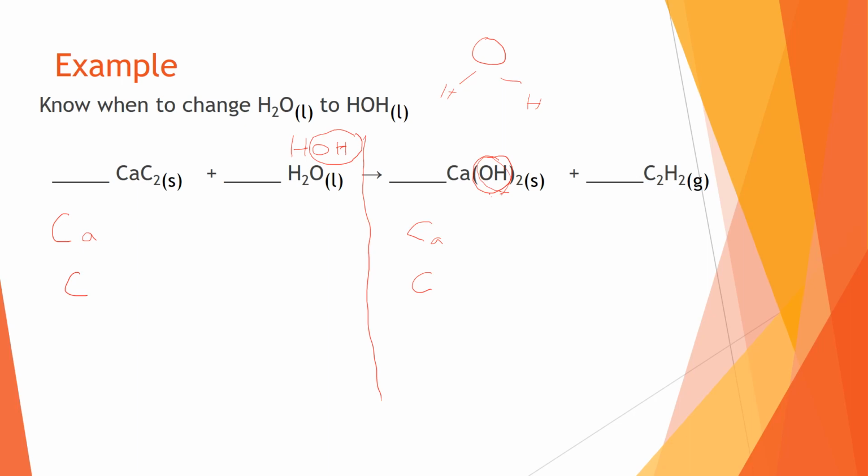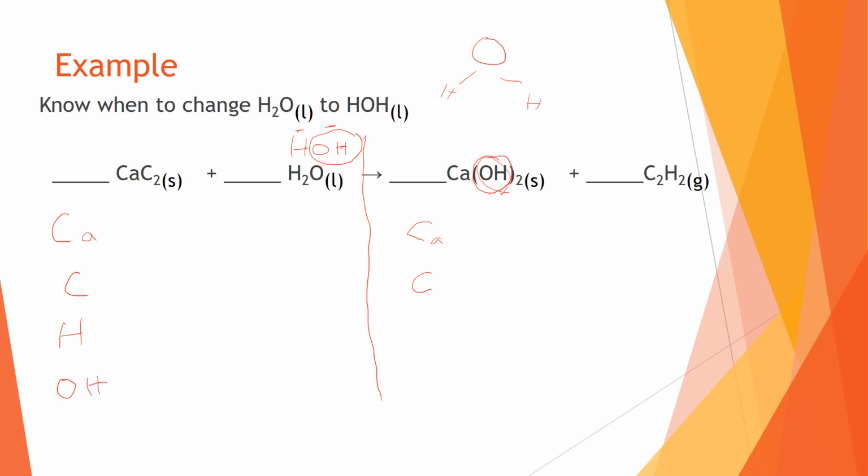I'm going to have a hydrogen on this side and an OH on this side. So I've separated this. So now I have a hydrogen and I have a hydroxide on this side.